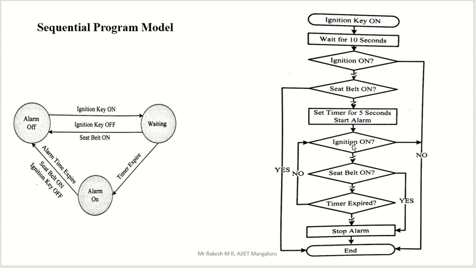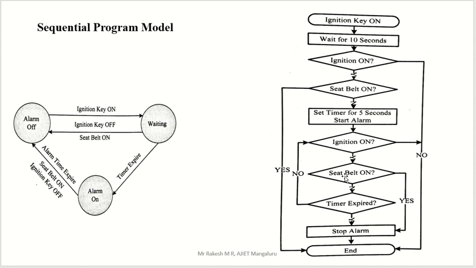If yes, it goes again to: is the seat belt on? If yes, he has fastened his seat belt, so stop the alarm. While the alarm is on, if he fastens his seat belt at that time, you have to stop the alarm immediately.